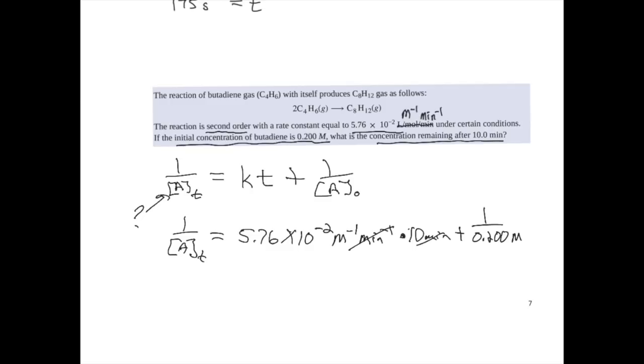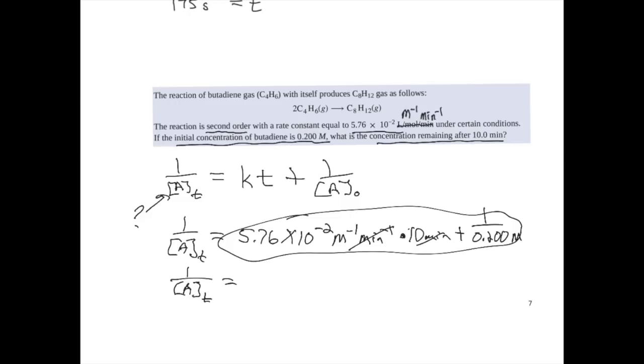So let's do another round of simplification. 1 over A sub t, and then I'll do all the math here, is equal to 5.576. In terms of units, all that's left are reciprocal molar, because 1 over molar over here is the same as reciprocal molar, so they just add together. And then I just flip both sides to get A sub t.